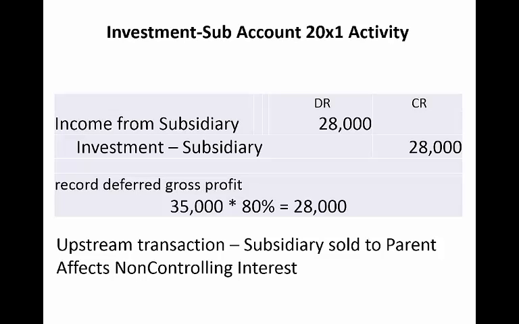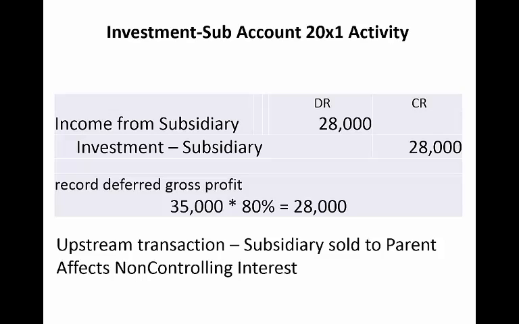The sub sold it to the parent. So the gross profit of $35,000, the parent cannot recognize all of that deferred gross profit because they do not own 100% of the subsidiary. They only own 80%. So we'll debit income from sub for $28,000, 80% of $35,000, and credit the investment in subsidiary for $28,000.